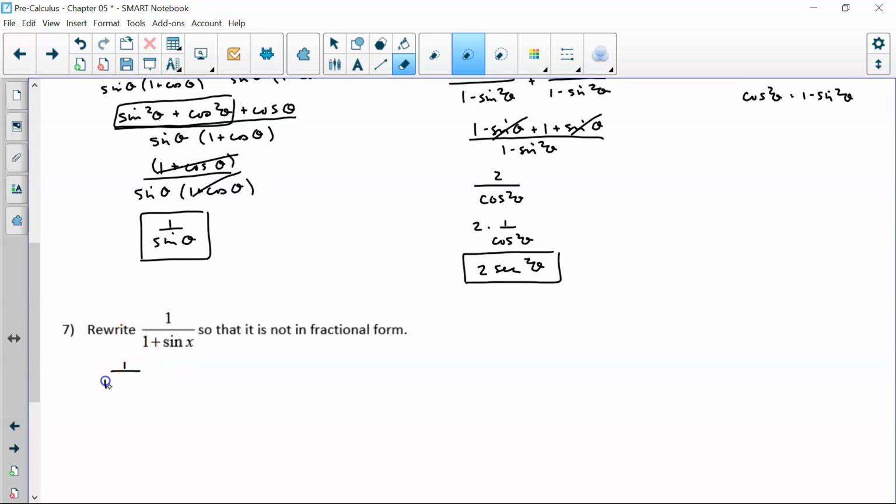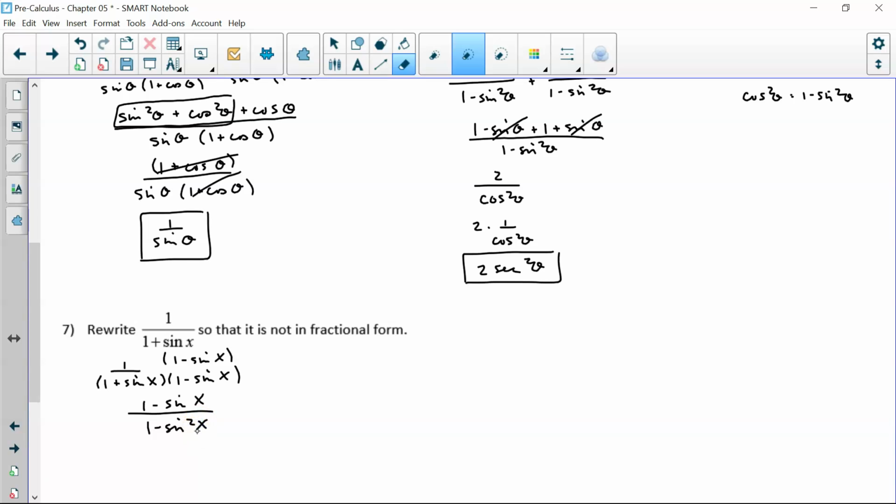So it's 1 over 1 plus sine x. The conjugate is 1 minus sine of x. What that gives us is 1 minus sine of x over 1 minus sine squared of x.